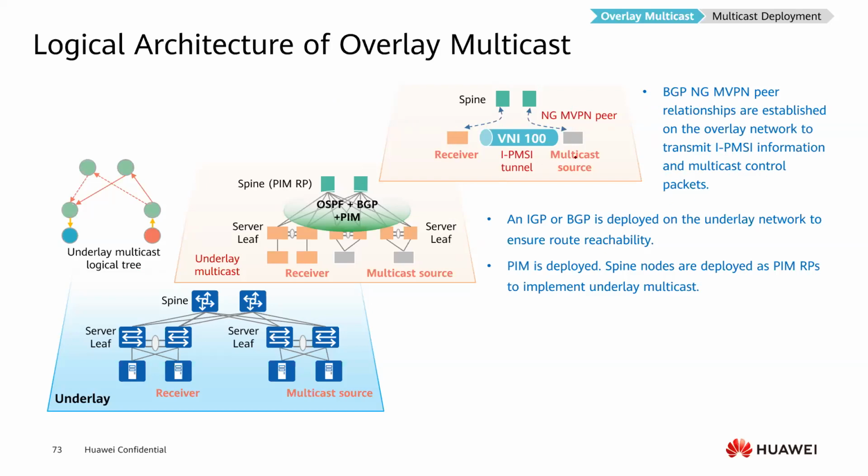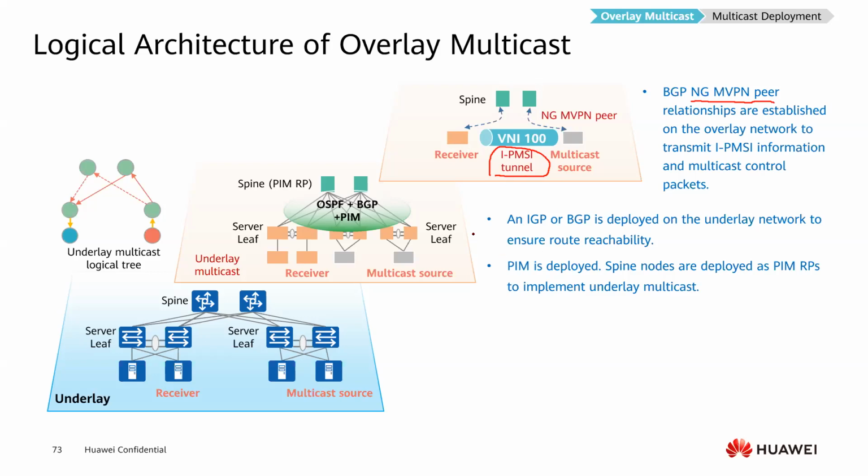From the receiver to the source, they are connected to different devices, the VTEPs that run the BGP NG MVPN peers, and they will establish the IP tunnel, all right? And the IP tunnel is based on the information transmitted by these routes.